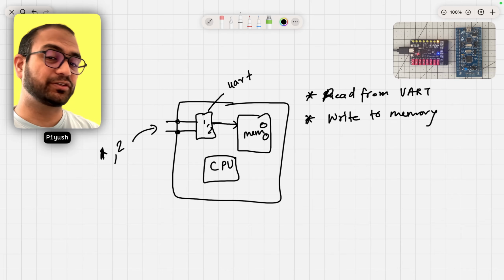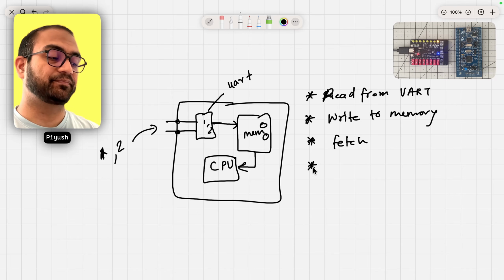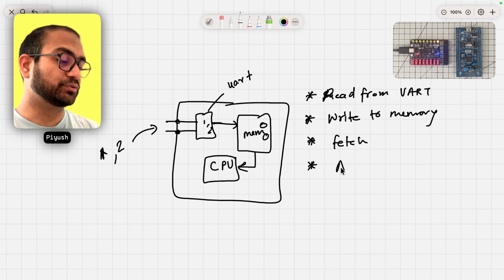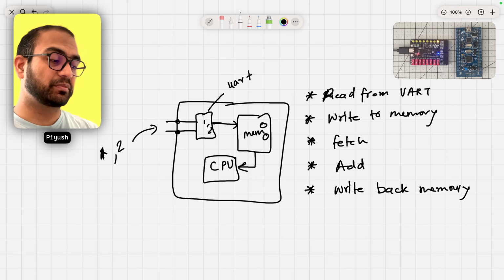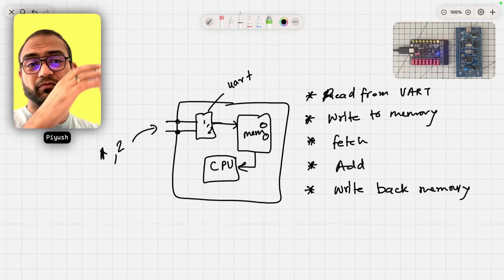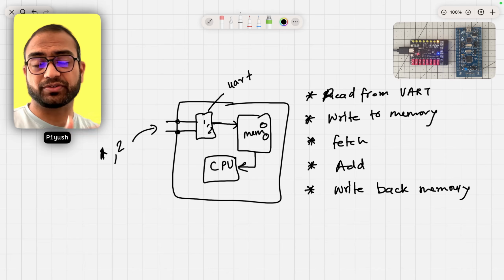And then after that write to memory, it needs to fetch that data. And then let's say after it fetches, it needs to add them. And then after adding, it needs to write back to the memory. So the CPU is capable of executing these steps, a flow, a sequence of, these are essentially instructions, right?